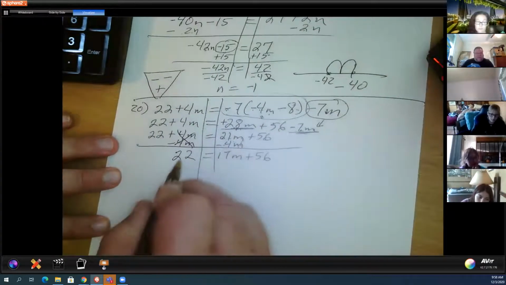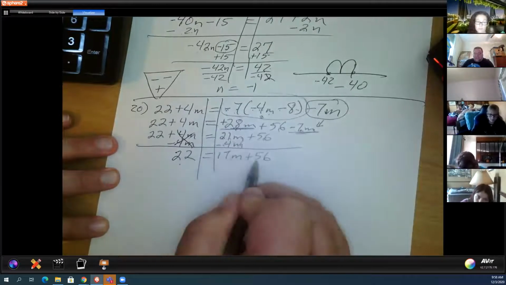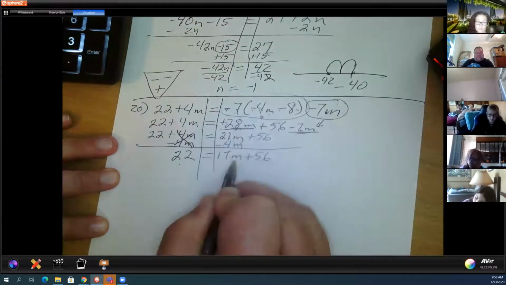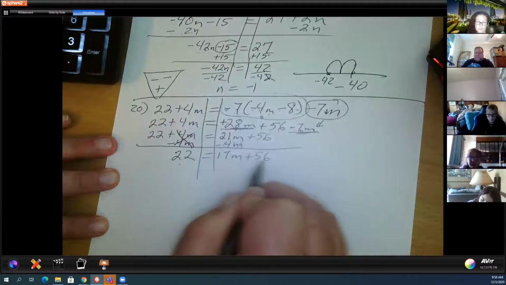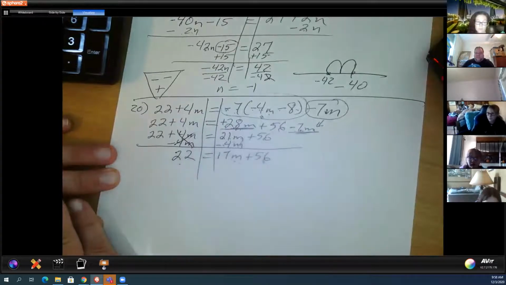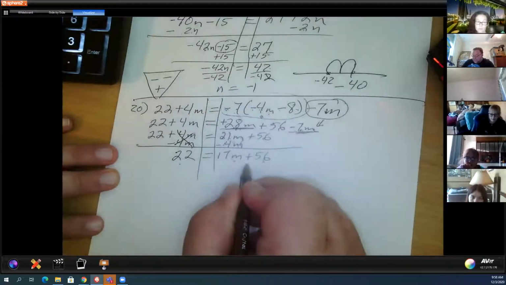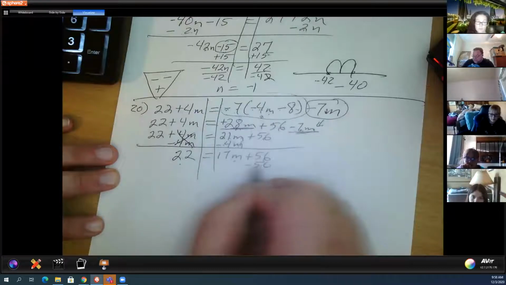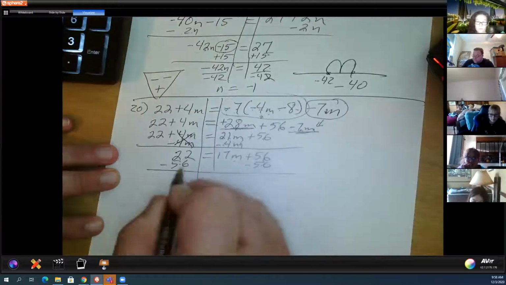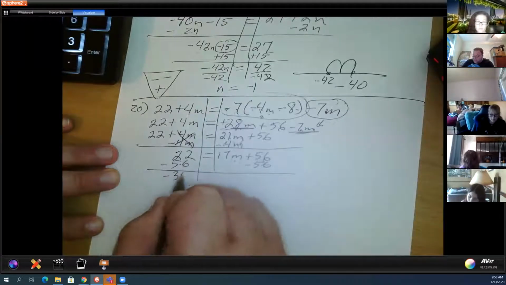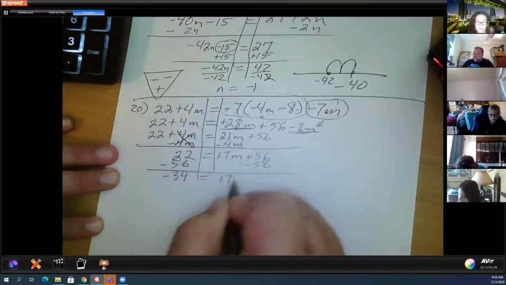So I have a number here, and I have a variable and a number here. Which one of these two needs to go away? 56. Right, the 56 needs to go away because it needs to go to the other side. So now I get -34 equals 17m.